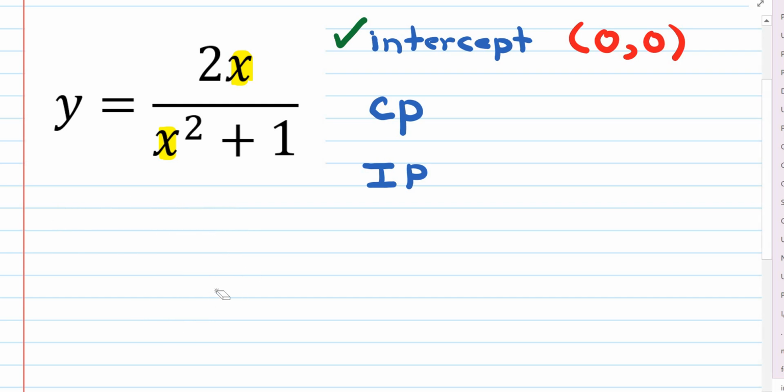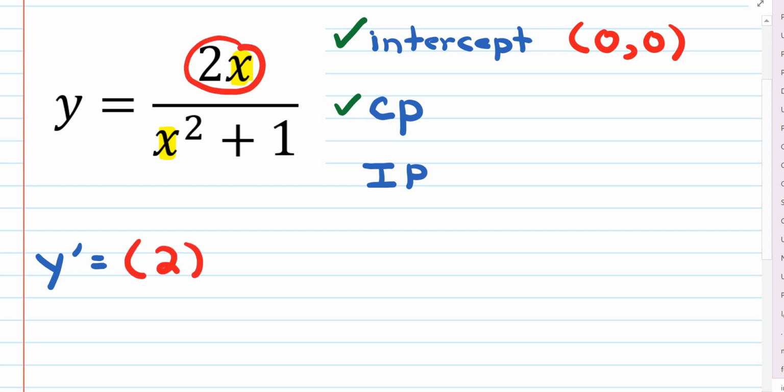Okay, after that, I want to go ahead and find my critical points. And my critical points will allow me to use the first derivative test where I can find the max and min points. Okay, in order to find the critical points, we need to take the derivative of this rational function. So since we're dividing here, we need to use the quotient rule. So the derivative of 2x is going to be 2.